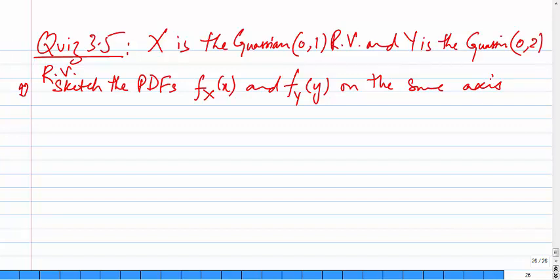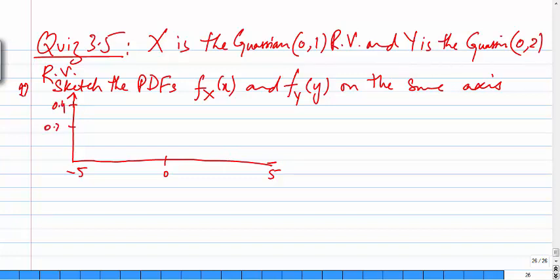So if I want to plot it, let me plot here. This is 0, assume this is -5 and this is 5, assume this is 0.4, this is 0.2, and this is 0.